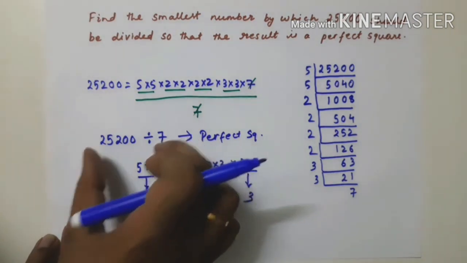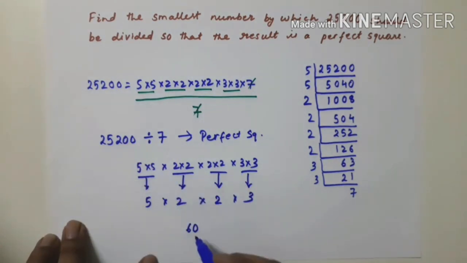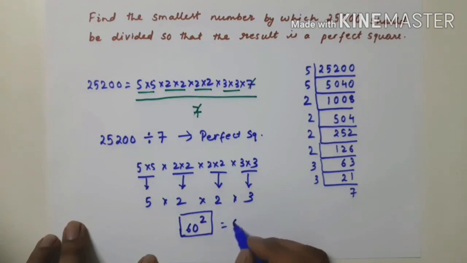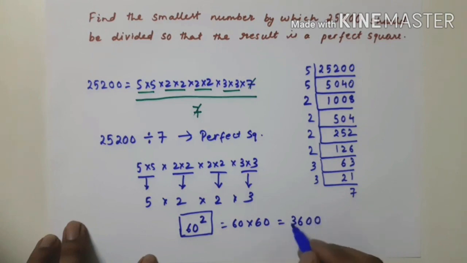So whatever the number we get here, it is a square of 60. Now square of 60, we know it, 60 into 60, that is 6 6s are 36 and 2 zeros. So the required number is 3600.